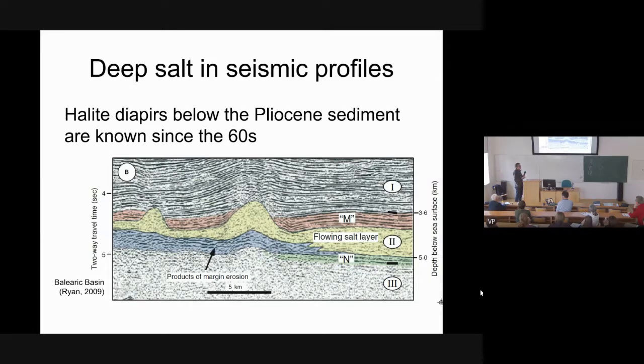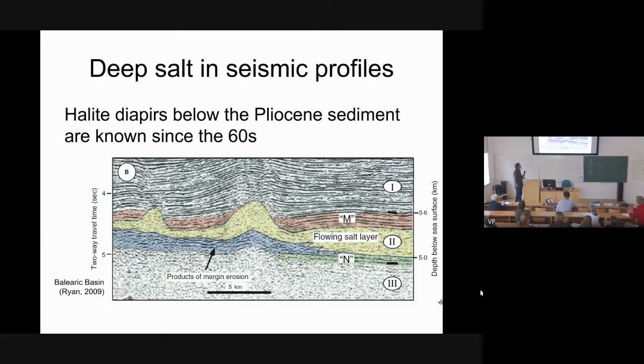providing cross sections of the underground across the sea and showing this layer of relatively transparent facies that is related to halite. And halite behaves as a viscous fluid over geological time scales, and that's why it produces this diapir.